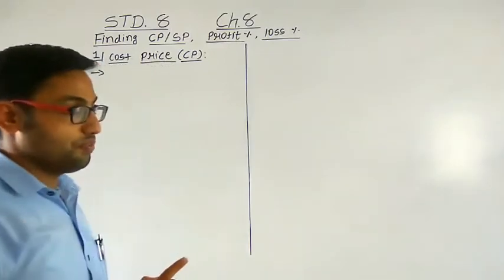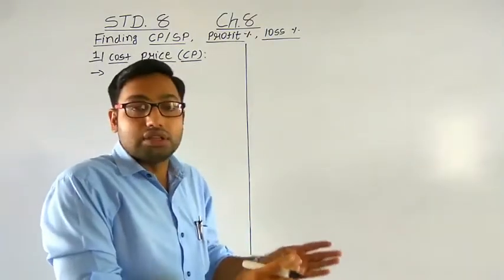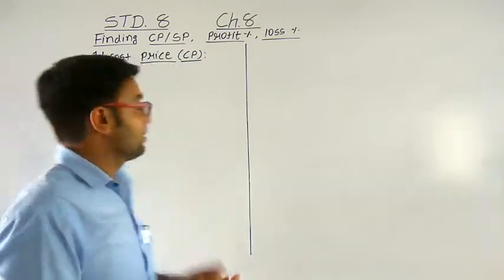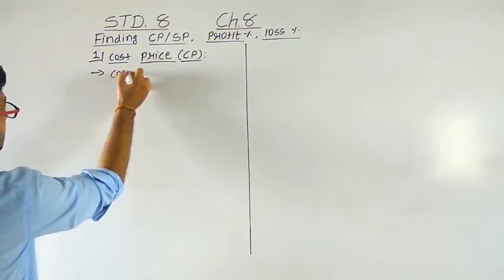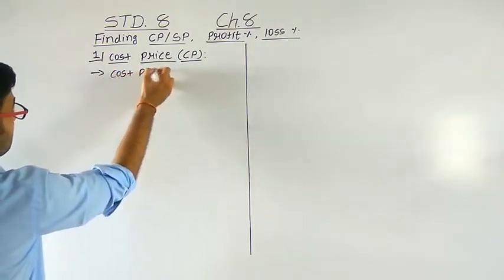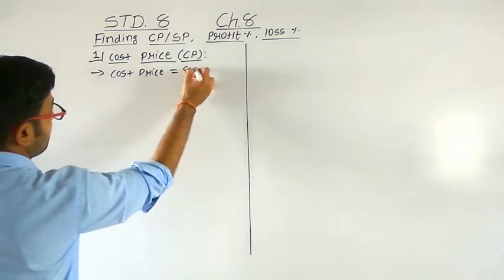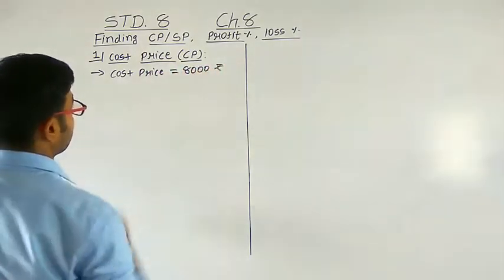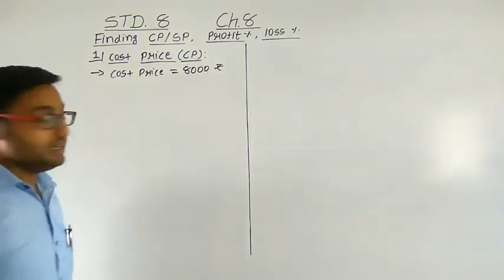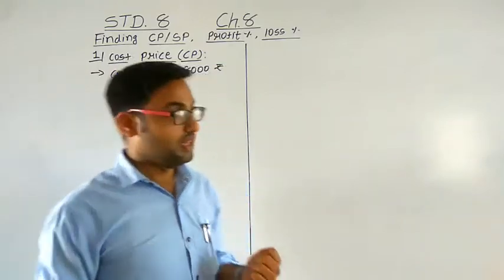The 8,000 rupees you pay to the shopkeeper is called the cost price. So we can write that the cost price of the TV is equal to 8,000 rupees. Whatever you pay to buy something is called the cost price.